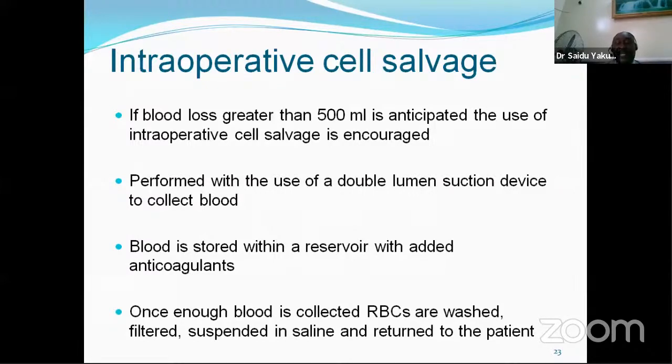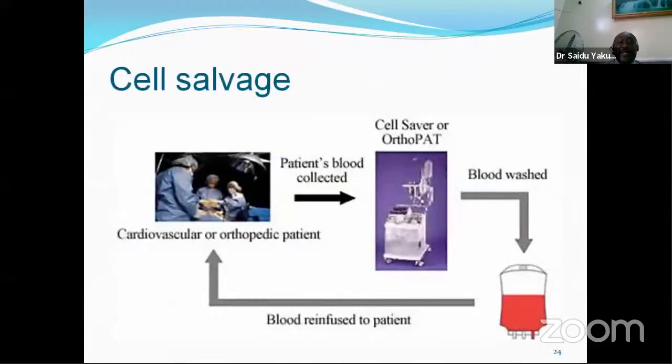Once enough blood is collected, red blood cells are washed, filtered, and suspended in saline and returned to the patient. This is showing the machine, where blood is washed and then returned back to the patient.